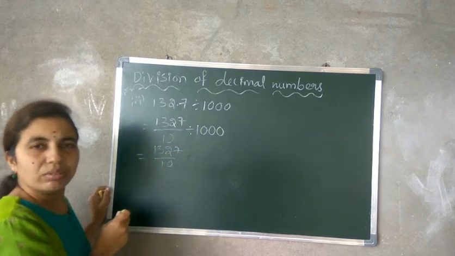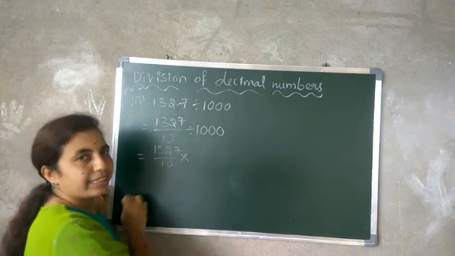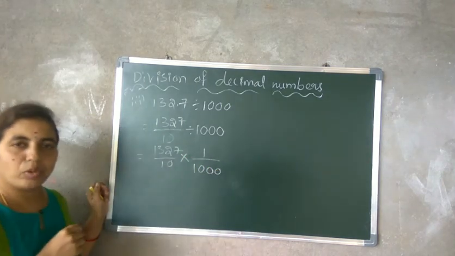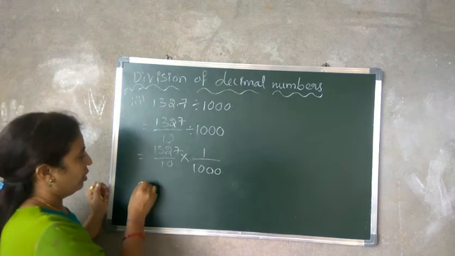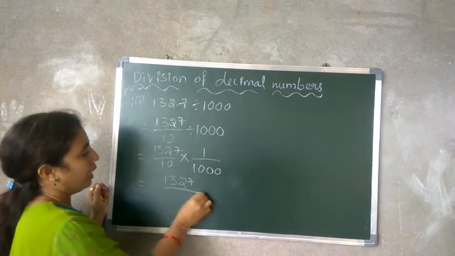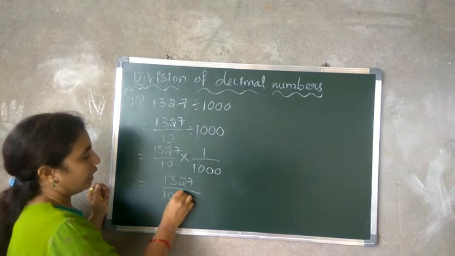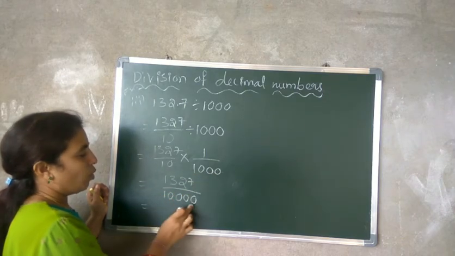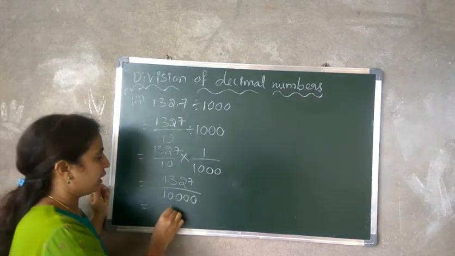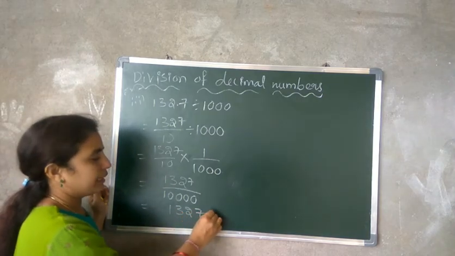Now 1327 by 10. Convert this division to multiplication. What is the reciprocal? 1 by 1000. Now 1327 by 10 into 1000 is 10,000. Now how many zeros do you have here? 4 zeros. So first write the number as it is.